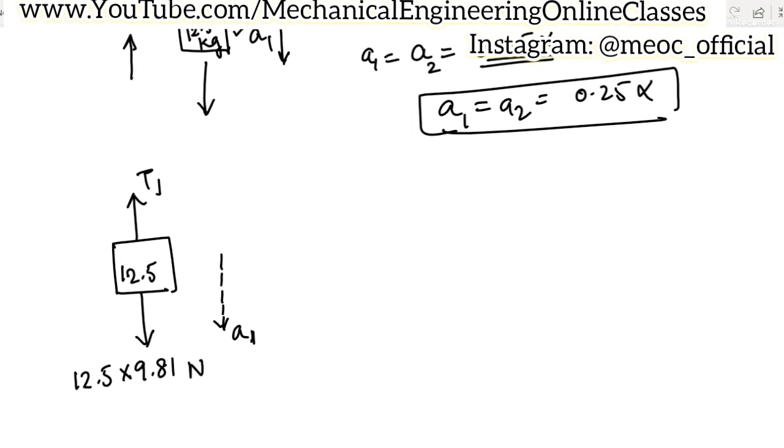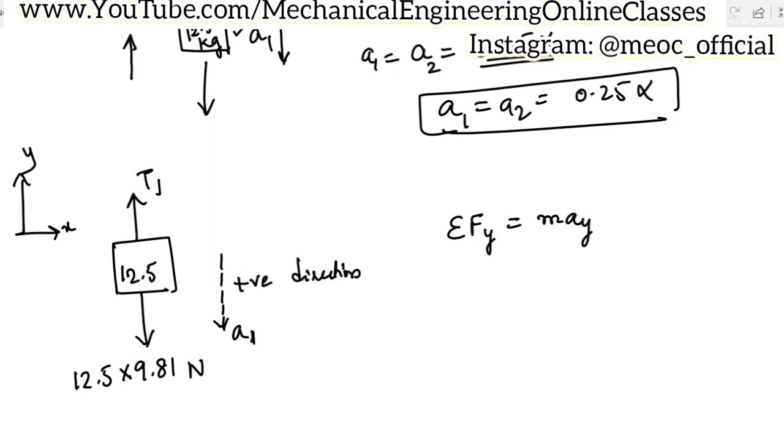So here the direction of motion is downward for this block, so this direction is the positive direction. Now let this be our y-axis, and this the x-axis. All the forces are along y, so I'm writing sigma Fy is equal to m into ay.